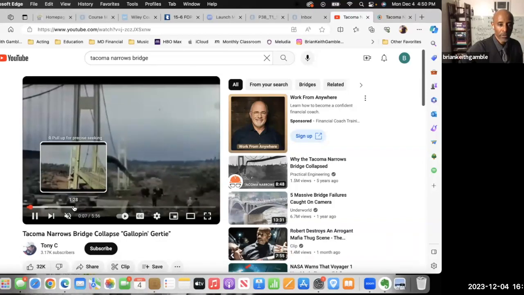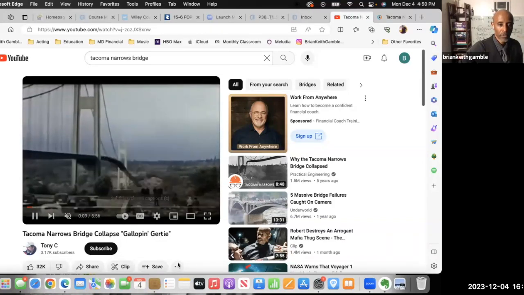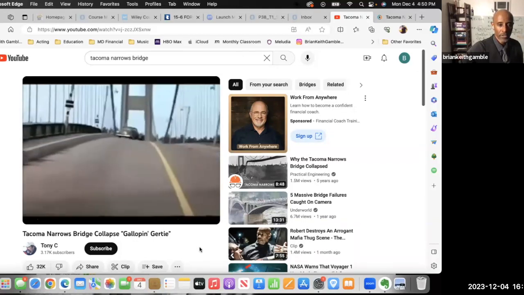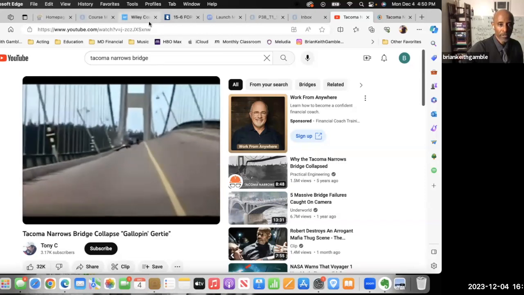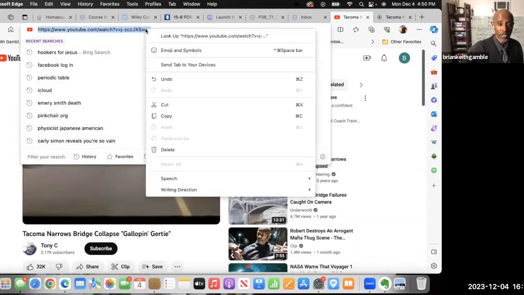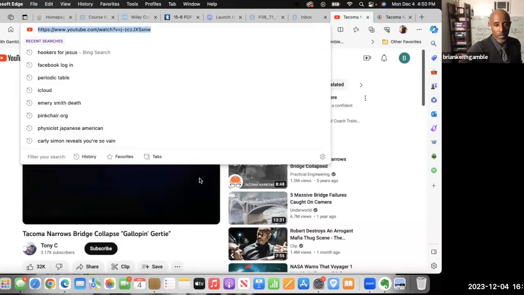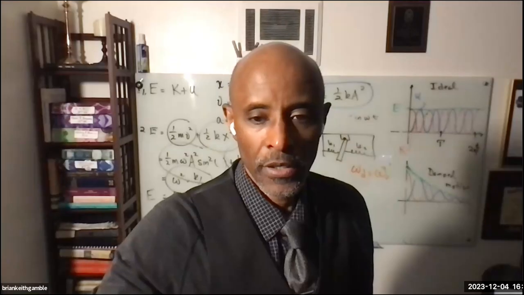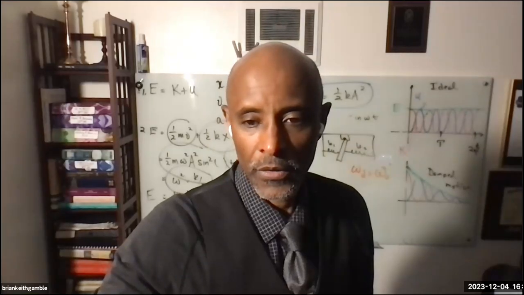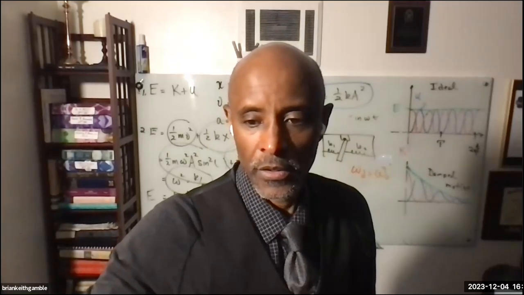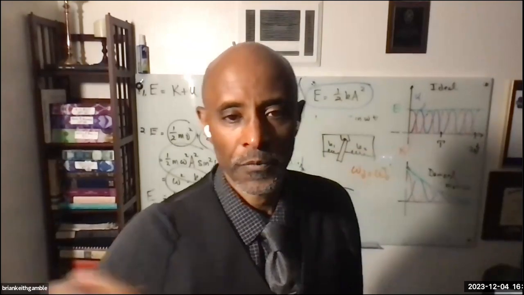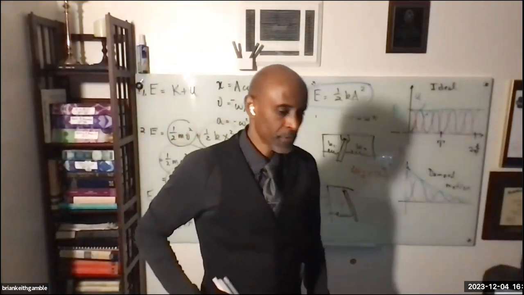So you can see there, it starts to vibrate, and it just keeps going all day long. It just gets so overwhelming. So that's what's happening. It's a resonance associated with the driving wind force and the natural frequency of the bridge. I'll paste it in here and send that to you, so you can take a look at that.